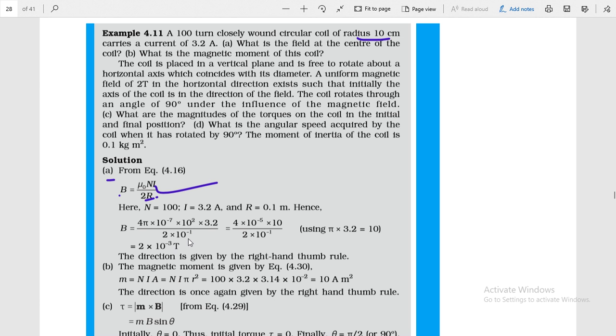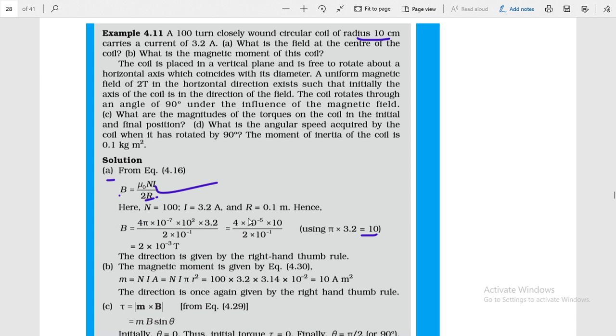You can write it like this, 2 into 10 to the power minus 1, and you can solve this calculation by yourself, and you will get 4 into 10 to the power minus 5 into 10 upon 2 into 10 to the power minus 1. The value of pi into 3.2 is found to be approximately 10, so this one is taken as 10.